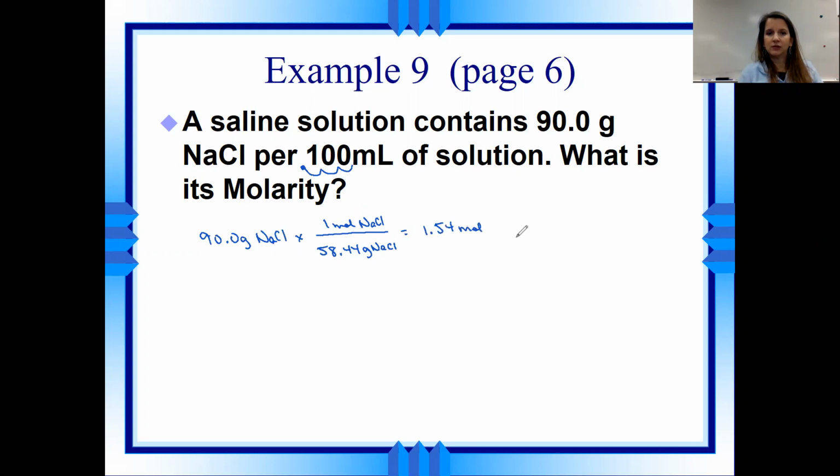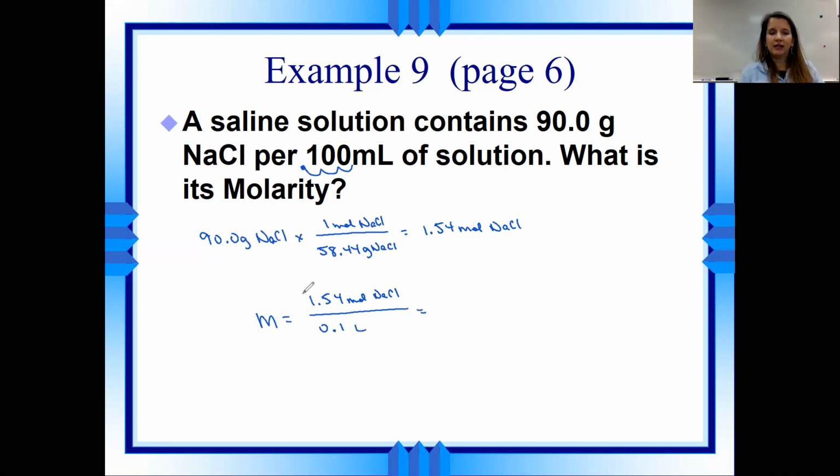And now I can go ahead and find my molarity by taking those moles and dividing it by the liters. Let me undo that because there's only one sig fig here.